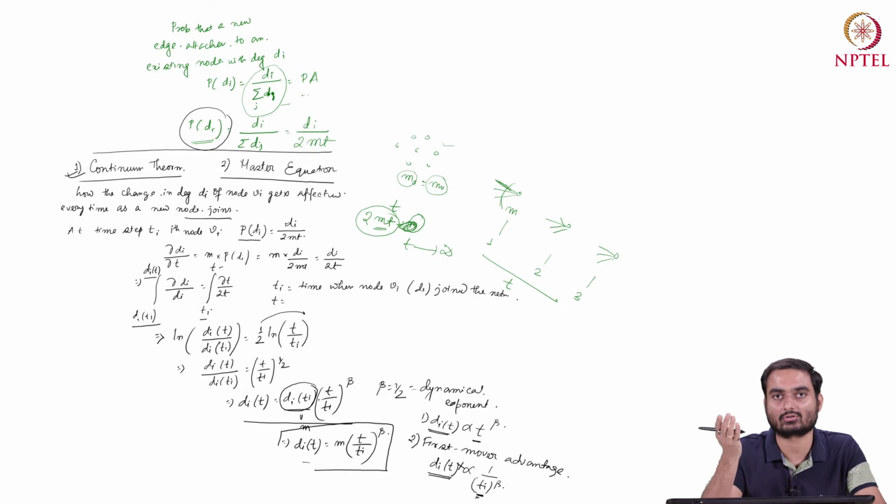If the node joined earlier, it is likely that the node will gain a lot of degree. So the node which joined first will have an advantage in terms of degree growth. Therefore this is called first mover advantage.